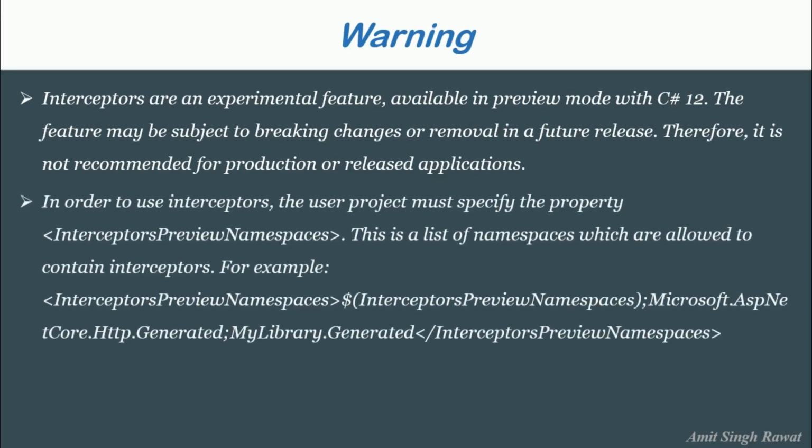In order to use an interceptor, the user project must specify the property InterceptorsPreviewNamespaces. This is the list of namespaces that are allowed to contain the interceptor. For example, within the proj file, InterceptorsPreviewNamespaces, then $(InterceptorsPreviewNamespaces), and the namespaces which you want to use.